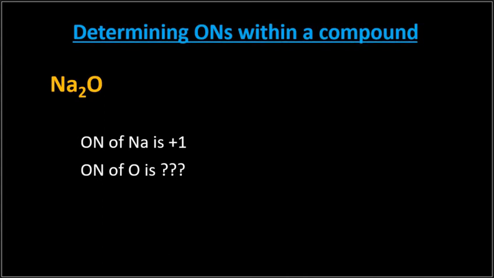Well, first off, in looking at the formula, you can tell that we have 2 sodium ions that each have a +1 oxidation number. So if we look at that as a total, we know that sodium has, with both atoms, the oxidation number of +2.